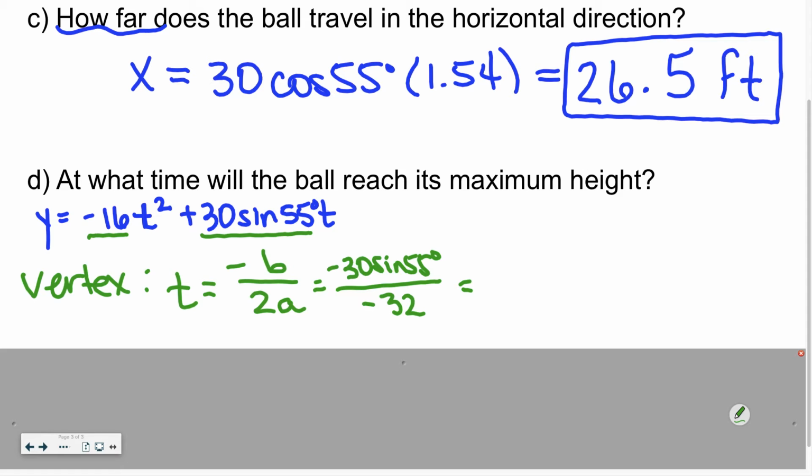Or you don't have to put the negatives because you know they're canceling out. Right? 2 times 16 is 32. What'd you get, Riley? 0.77 seconds.